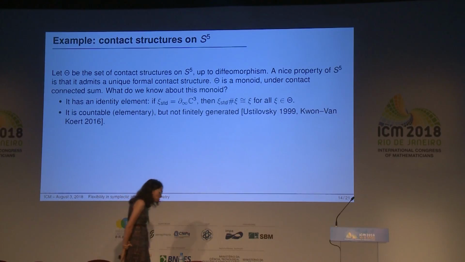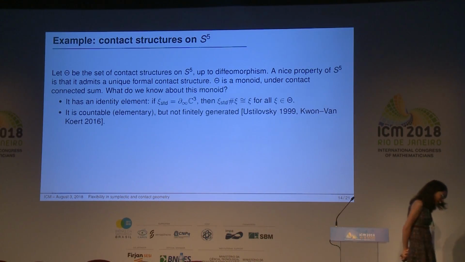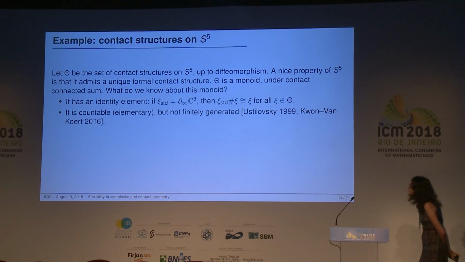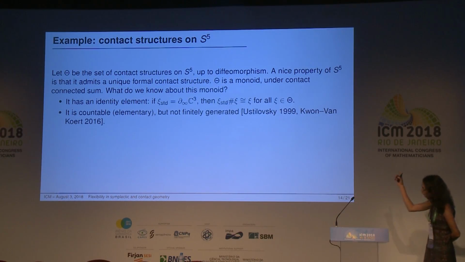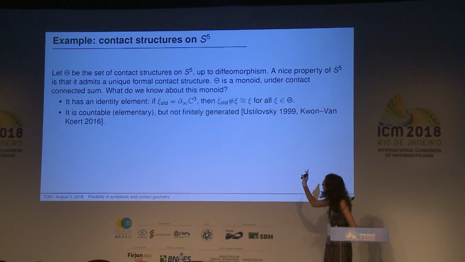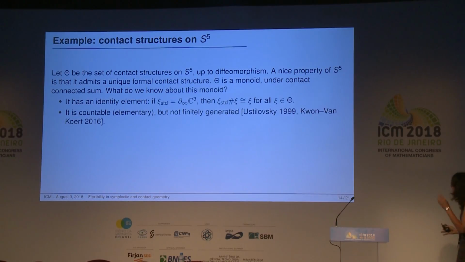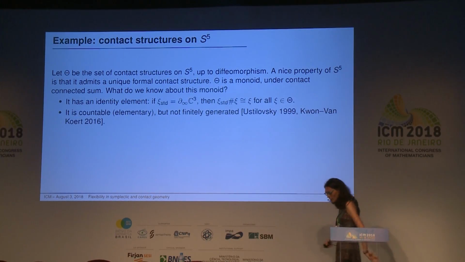In fact, there are submonoids which have surjective homomorphisms onto Q. This is due to Kwan and van Koert. And the fact that it's quite large is originally due to Ustilovsky. So this is this huge thing.